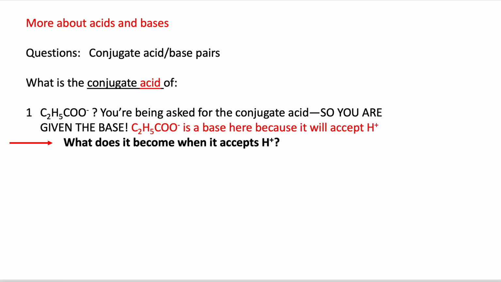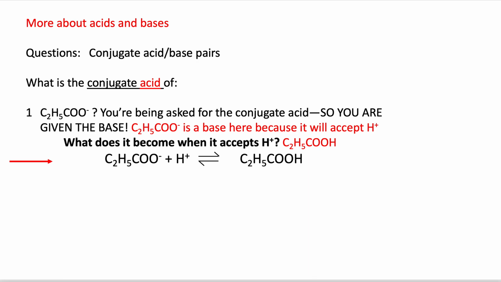And if it's a base, it's going to accept a proton. So pause and write the formula of what it will become when it accepts the proton. And here it's forming the propanoic acid, and there's the equation for it as well.